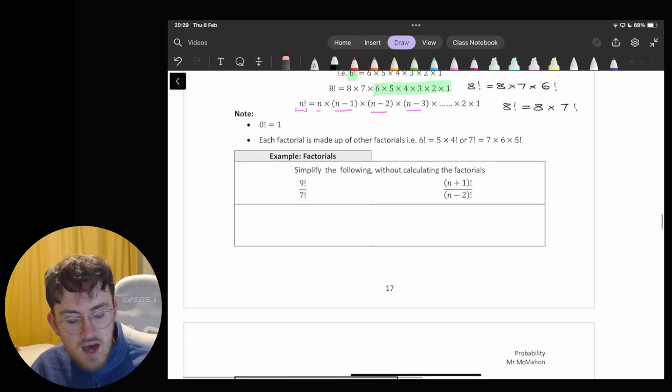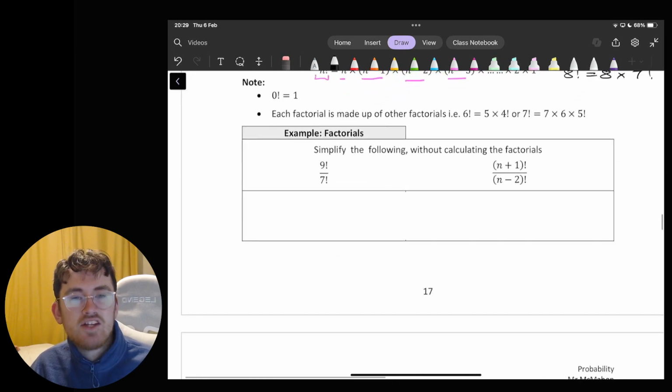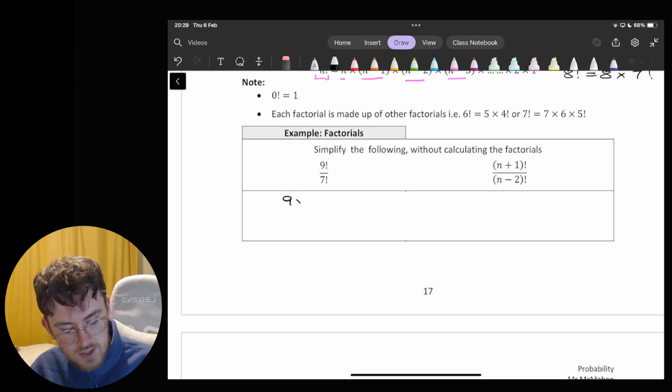We can use that rule particularly in trying to simplify some of these factorials without calculating them. So looking at the example here, 9 factorial, well that's 9 by 8 by 7 by whatever, down as far as 1. 7 factorial is 7 by 6 by 5, all the way down as far as 1.